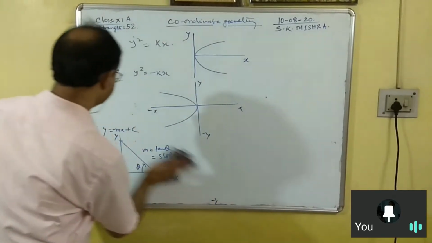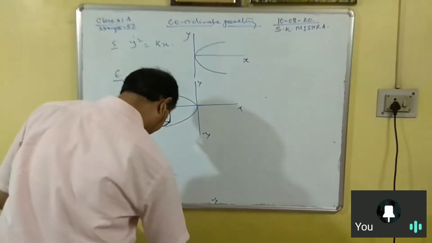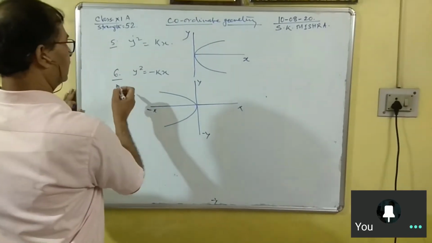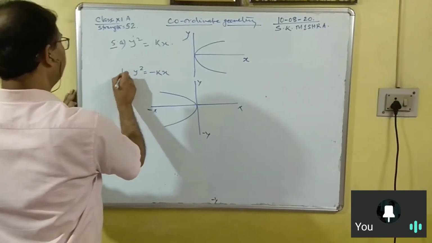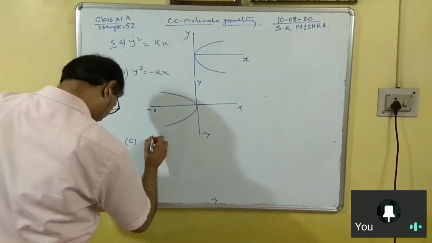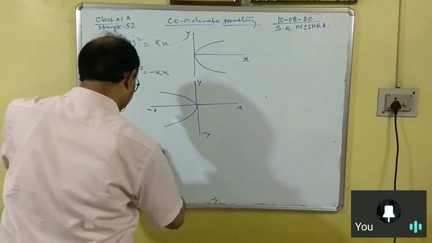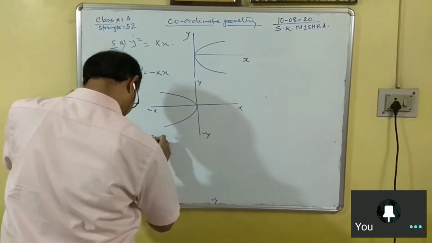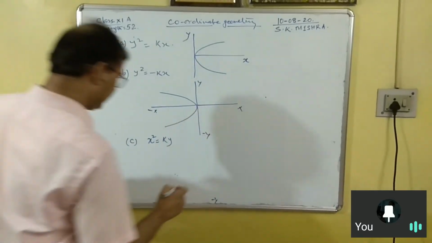Now the next case is, this is part A, this is B, and the C part is x square is equal to ky.